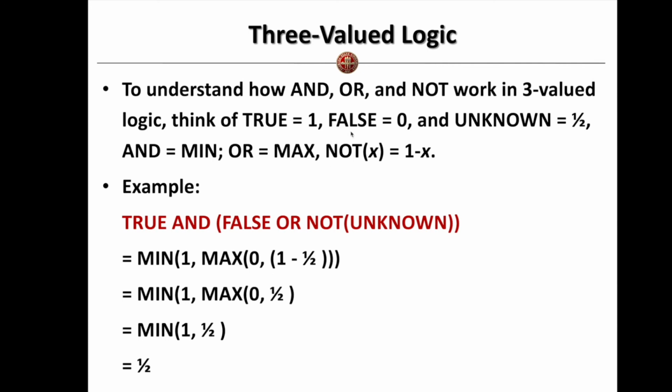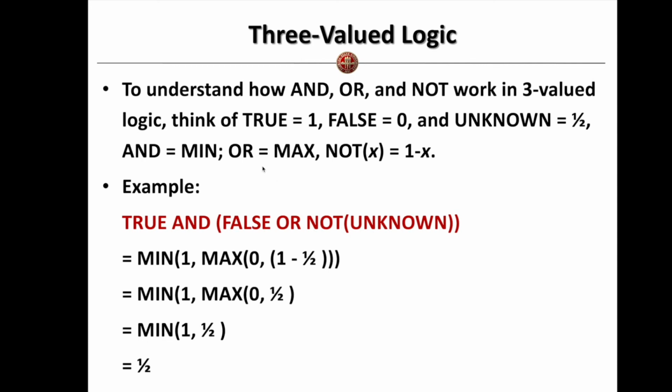According to the previous example, we set unknown to be 1/2, right? We have the not function: not x equals 1 minus x. Therefore, not unknown equals what? Equals 1 minus 1/2. Here we have false or not unknown, right?